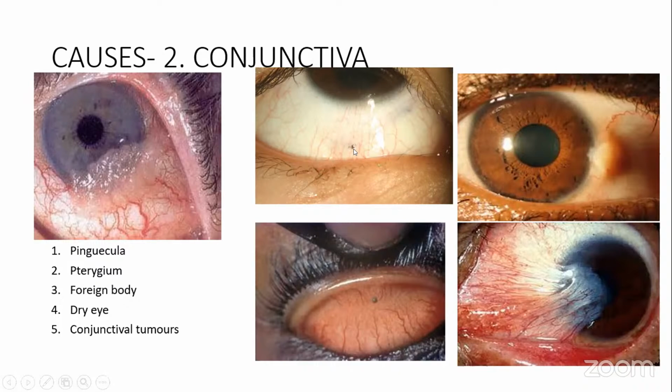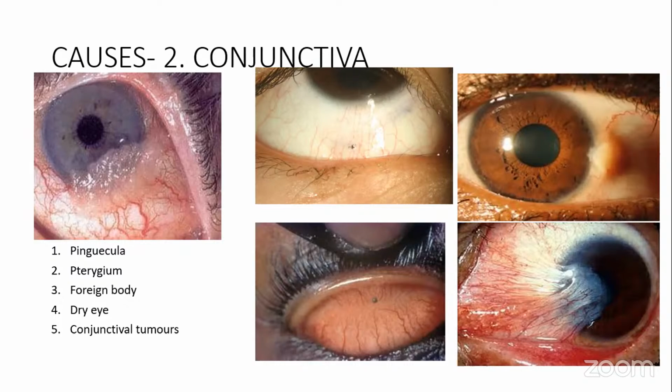And you can see this black speck down here, likely from just a foreign body. In females commonly, it could just be some makeup debris that has landed on the eye, irritating the eye surface and making the eye red. And you can also have foreign body. So when you turn the eyelid outward, you see this black speck over here, illustrating the fact that foreign body on the eye can also make the eye red.